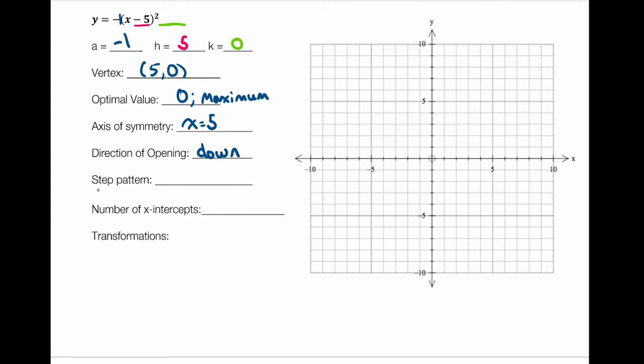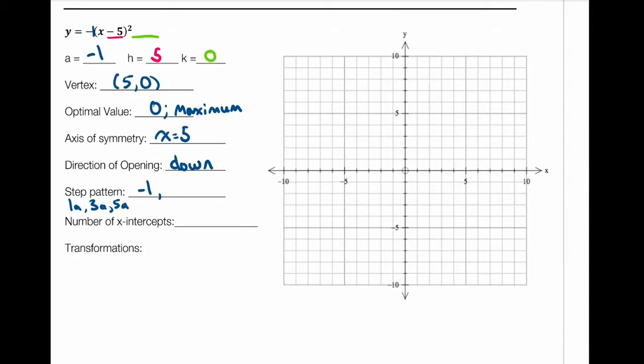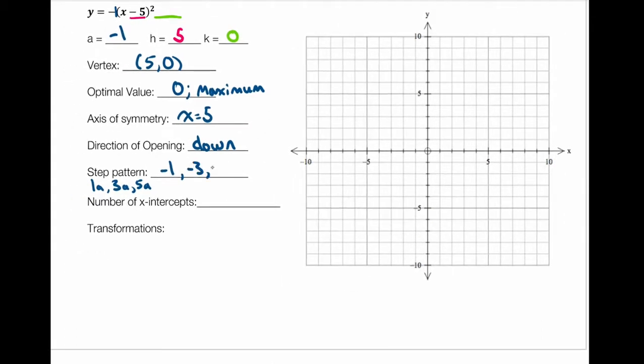The step pattern, again, follows the general form 1a, 3a, 5a. So 1 times negative 1 is negative 1. 3 times negative 1 is negative 3. 5 times negative 1 is negative 5.